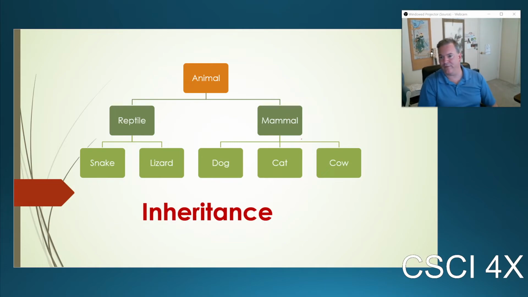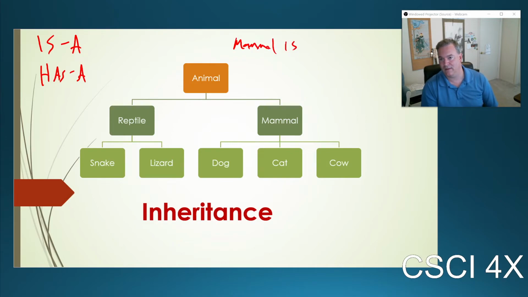Okay. So what they're trying to explain here is the difference between an is-a relationship and a has-a relationship. A mammal is an animal, and a dog is a mammal. So anytime you have that kind of relationship, a lot of times it's expressed in inheritance in the object-oriented world.